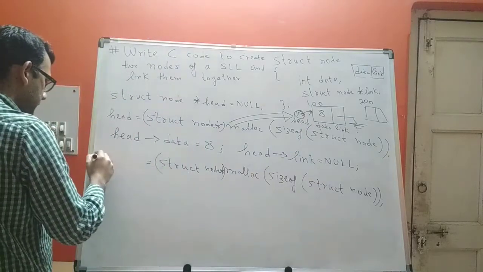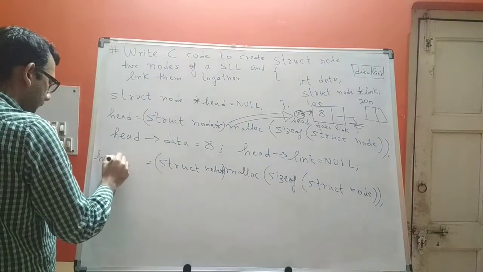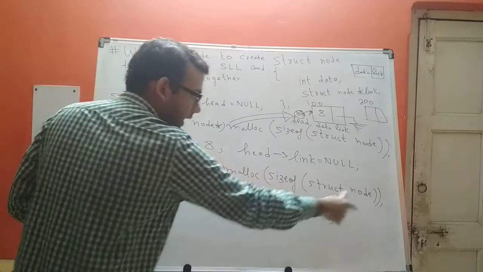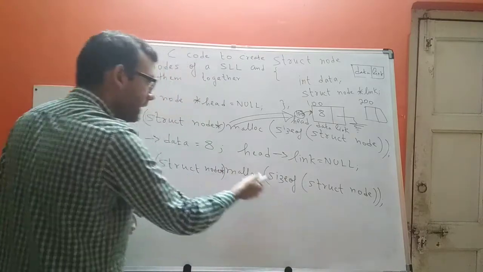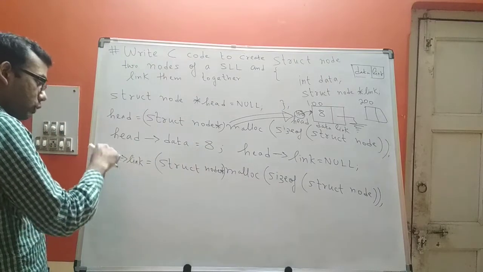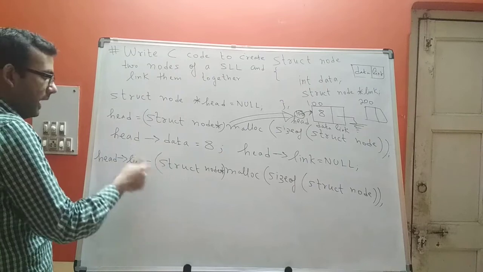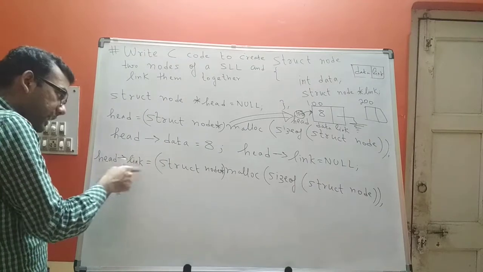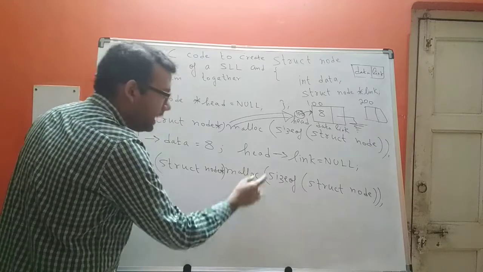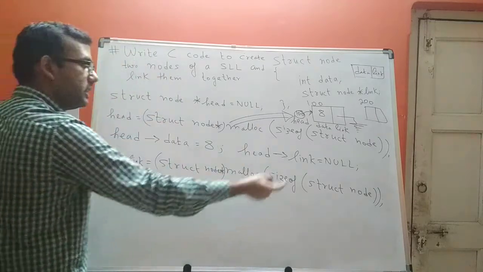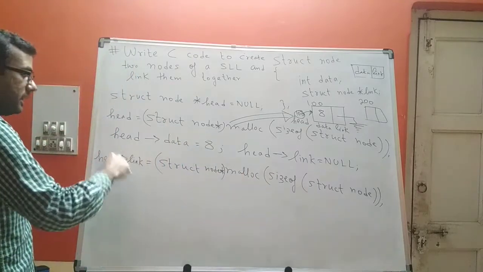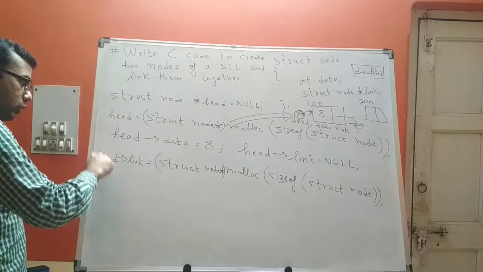So here, if I say head arrow link, it would mean allocate a block of memory and return the address of the first byte to the link part of the node to which head is pointing. This will allocate a block of memory, return the address of the first byte of the allocated space, and store it in the link part of the node to which head is pointing.